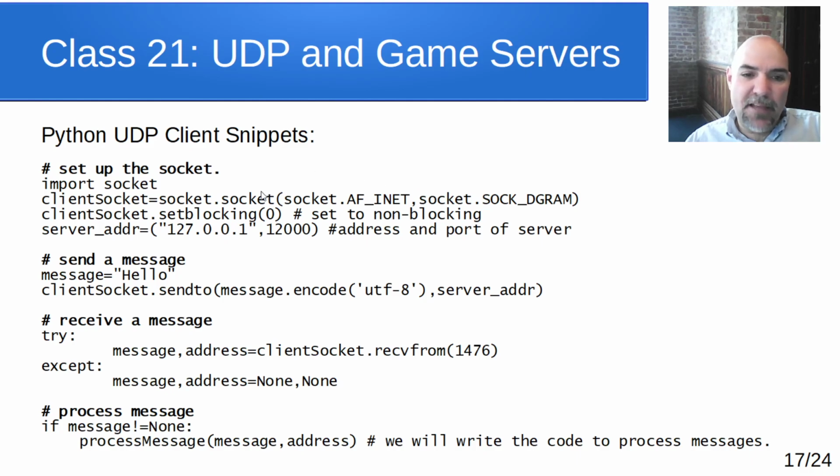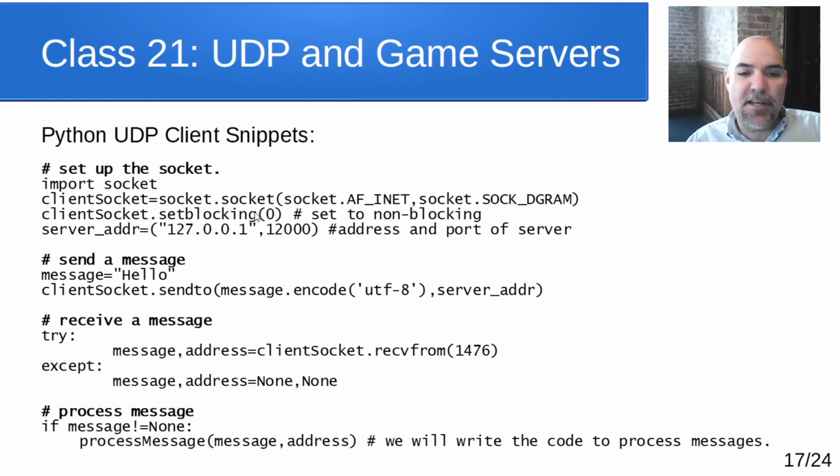Notice that looks exactly like what the C code would look like. Call the socket function, in this case in the socket module, pass in AF_INET, pass in SOCK_DGRAM, and that returns to us the socket.